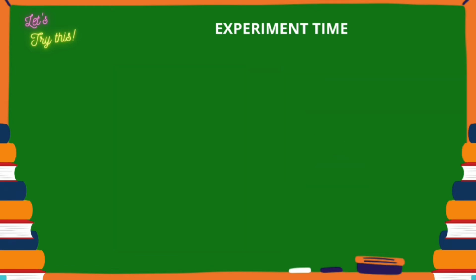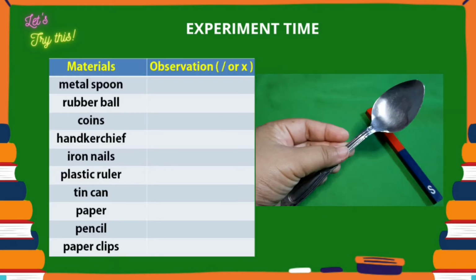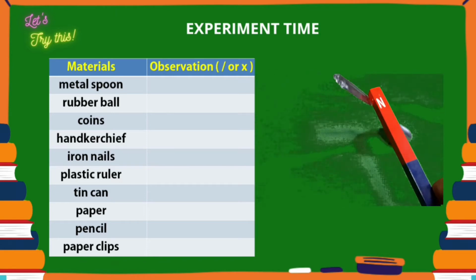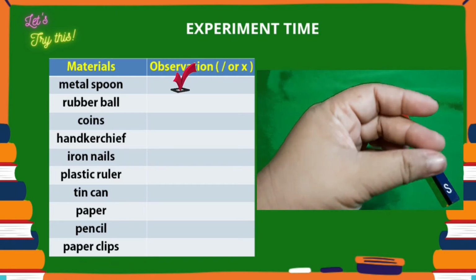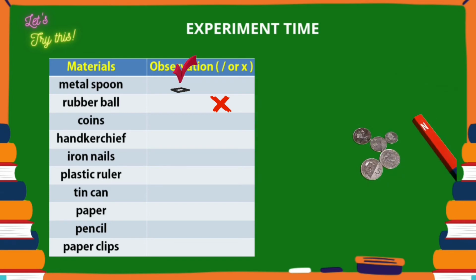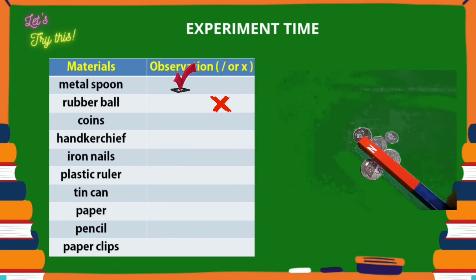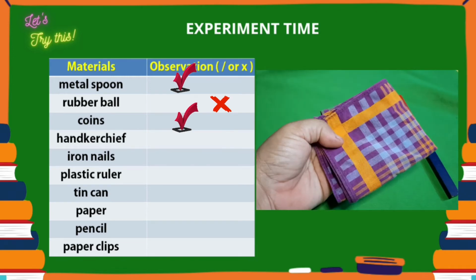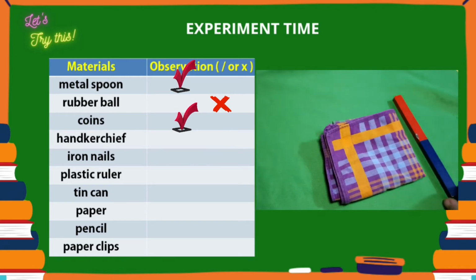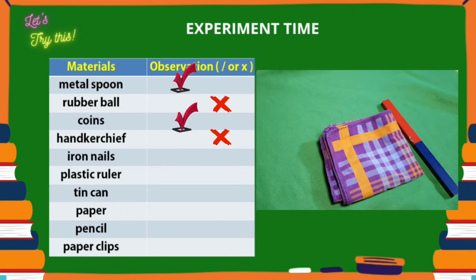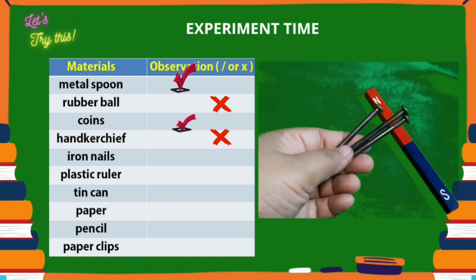Let's begin. First, metal spoon. Second, rubber ball. Third, coins. Next, handkerchief. Iron nails.